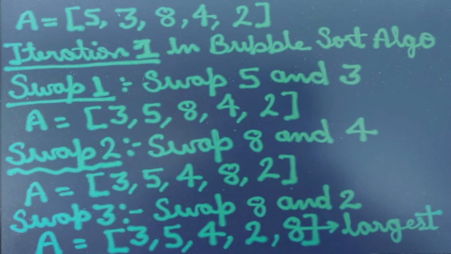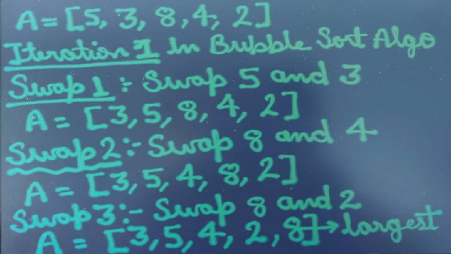So we will swap 5 and 3 and after swapping, array A will become A equal to 3, 5, 8, 4 and 2. Swap number 2. In second swap, now we will compare next pair of elements 8 and 4 and we will swap 8 and 4. After swapping 8 and 4, array A will become A equal to 3, 5, 4, 8 and 2.